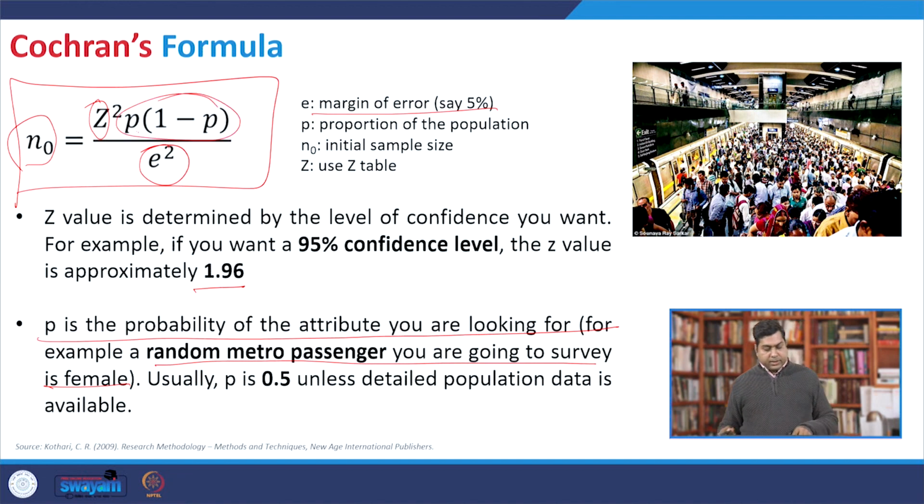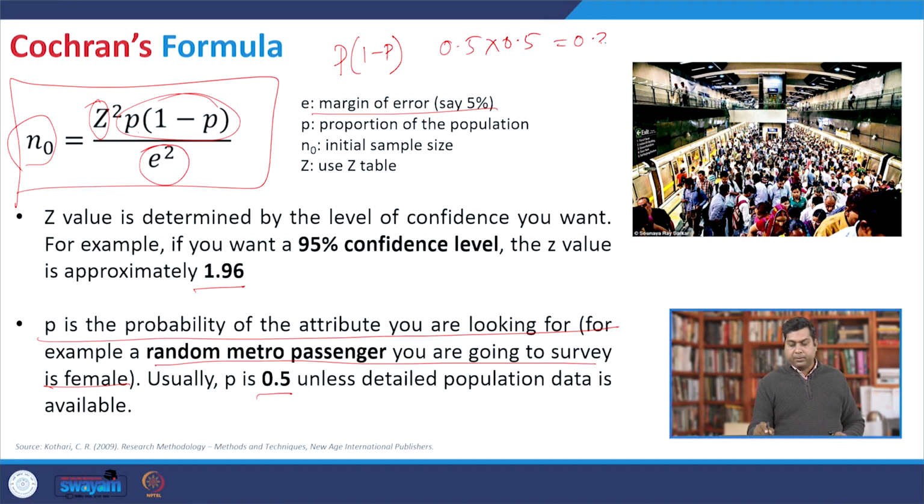Another important part is that if you take the population proportion p as 0.5, it gives you the maximum product of this equation, p into 1 minus p. For example, 0.5 into 0.5 gives you 0.25.